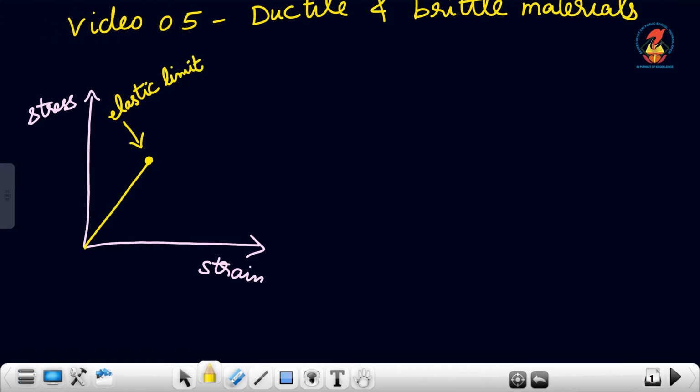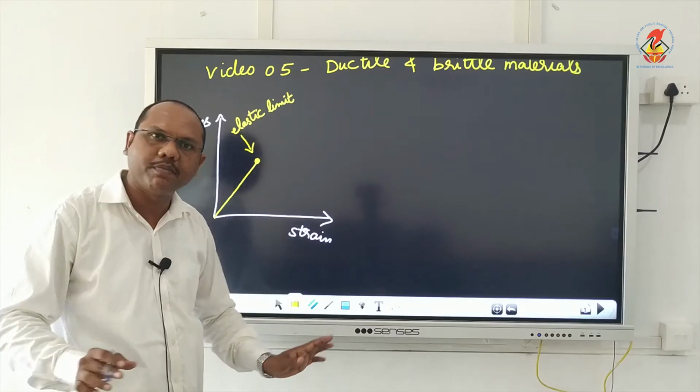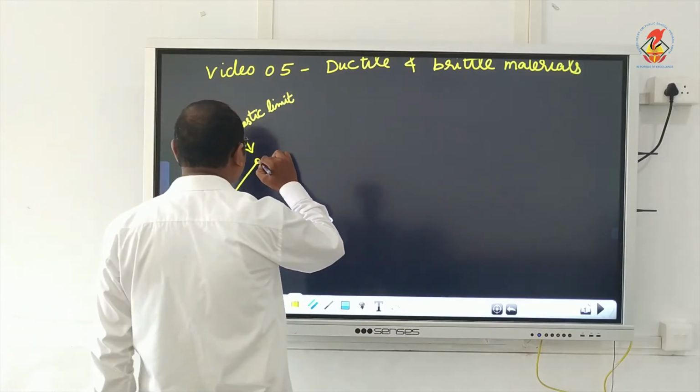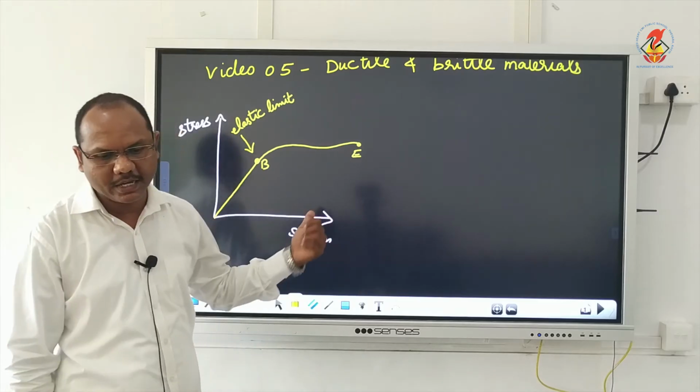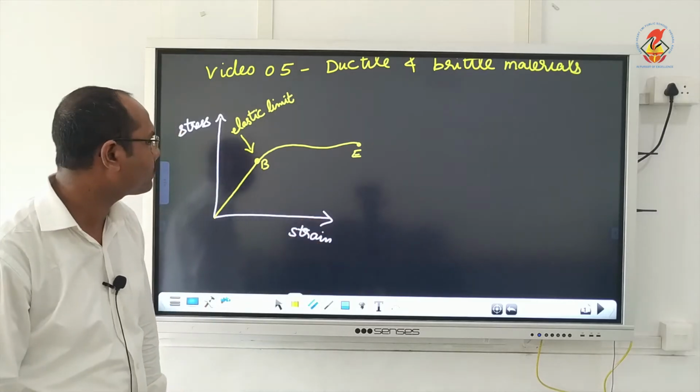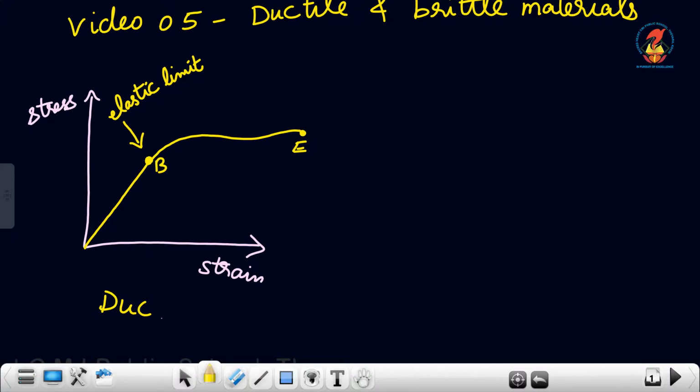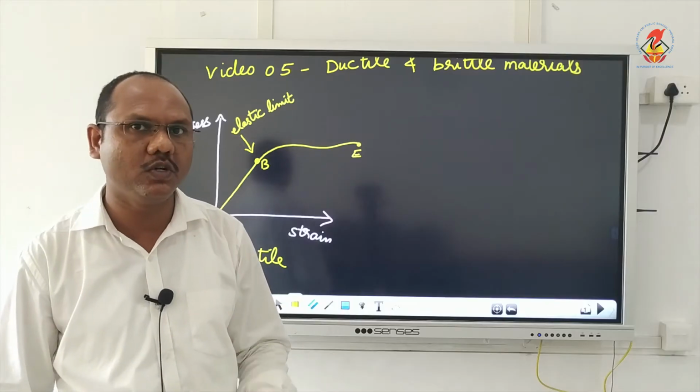After the elastic limit, it won't break immediately. It will have a larger plastic range of extension, and then I will mark E. So this point is B, and that point is the fracture point. The distance between B and E is more. This kind of material is called ductile material. Gold, silver, copper, all those are ductile. The most ductile material is gold.